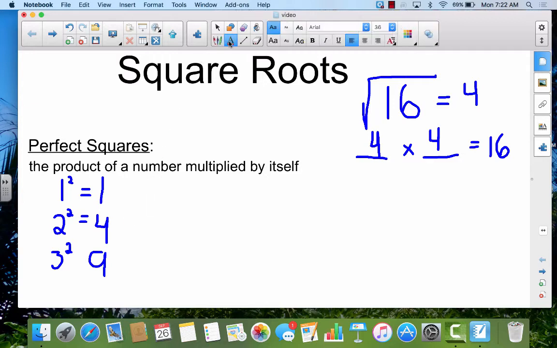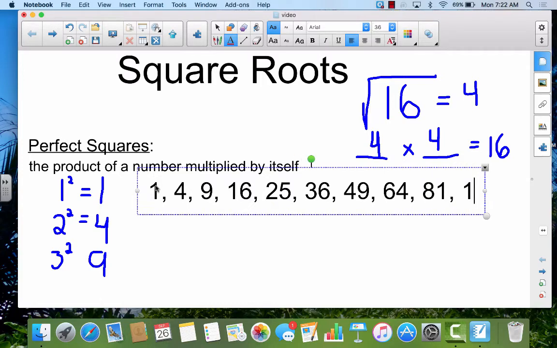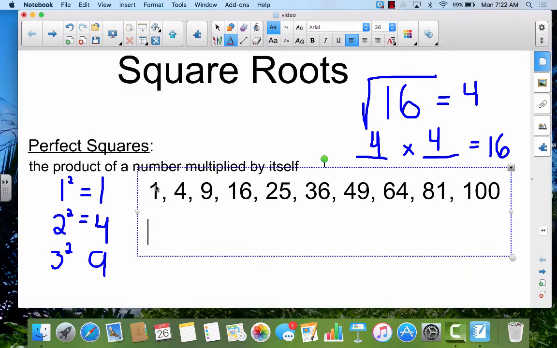The 13 perfect squares that we use the most often are the first 13, and there is a spot for this on your note sheet. So we have 1, 4, 9, 4 squared is 16, 5 squared is 25, 6 squared is 36, 7 squared is 49, 8 squared is 64, 9 squared is 81, 10 squared is 100, 11 squared is 121, 12 squared, 144, and 13 squared, 169.